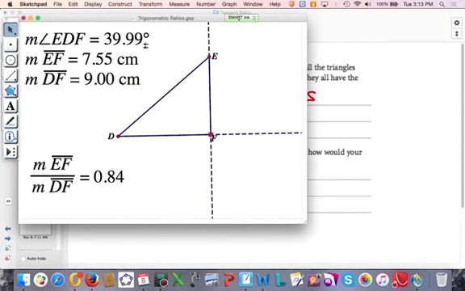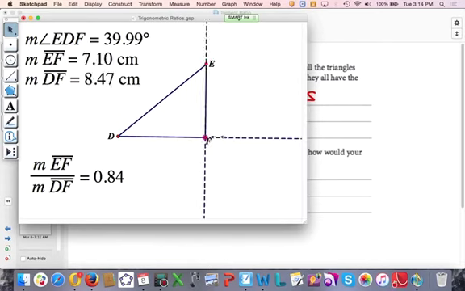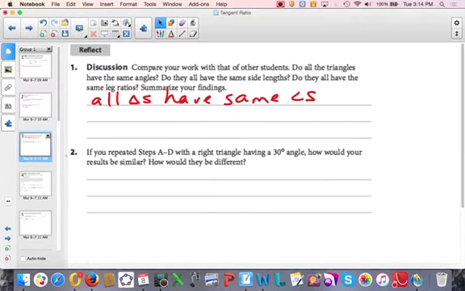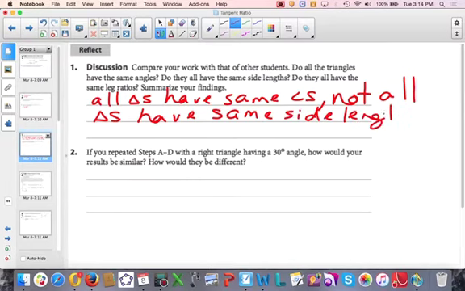Notice that that 39.99, that's not flinching. I constructed it so that this angle F is constantly 90 degrees. So the angles are always the same. Do they always have the same side lengths? Not all triangles have the same side length. But they all have the same ratios.